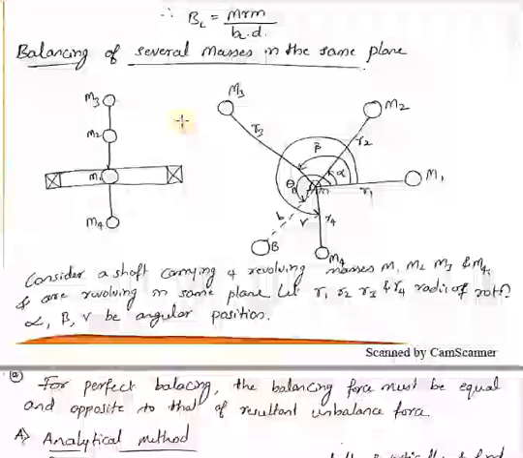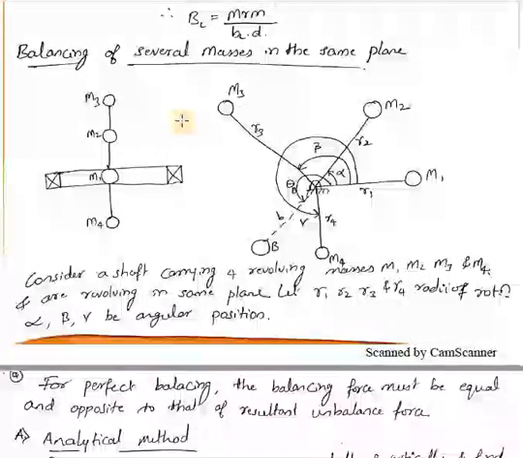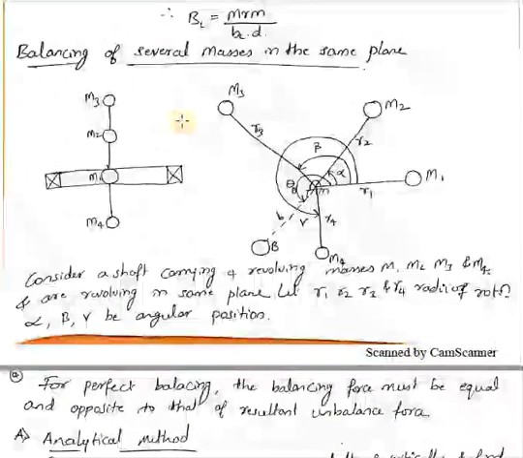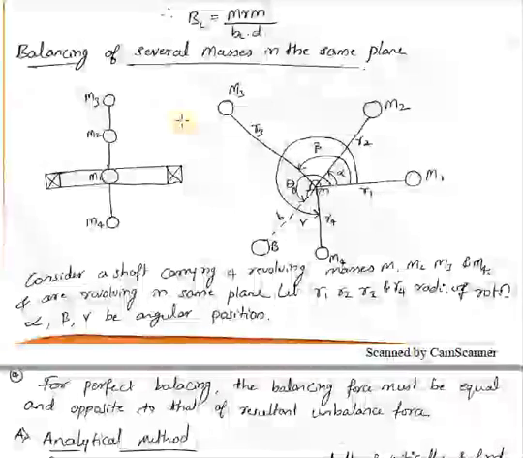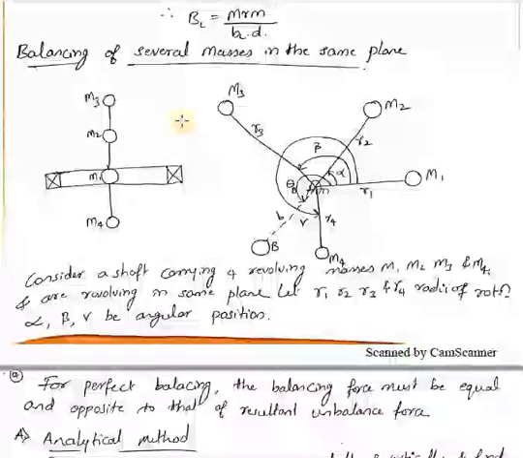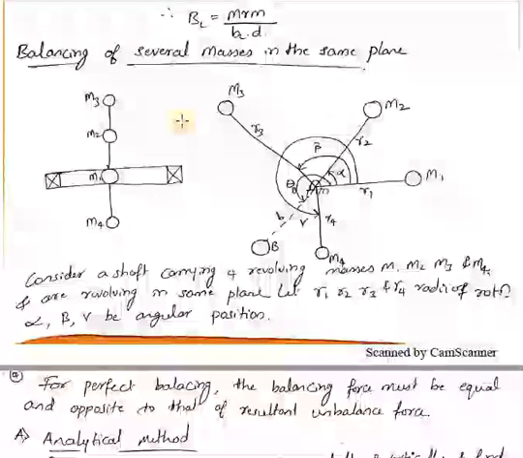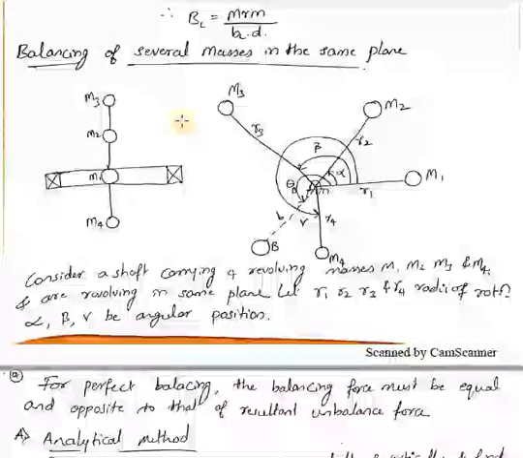So let us consider a shaft carrying 4 revolving masses m1, m2, m3 and m4 revolving in the same plane, and let r1, r2, r3 and r4 be the radius of rotation of masses m1, m2, m3, m4 respectively.